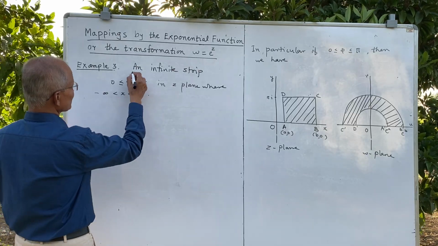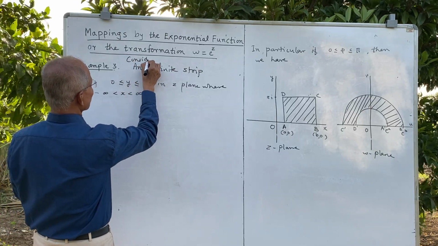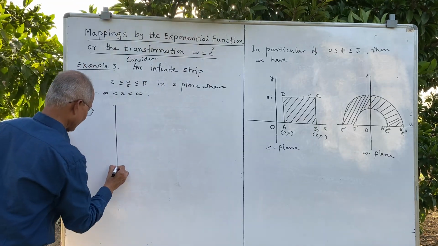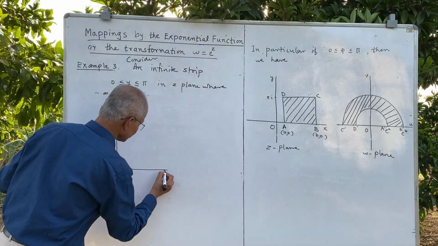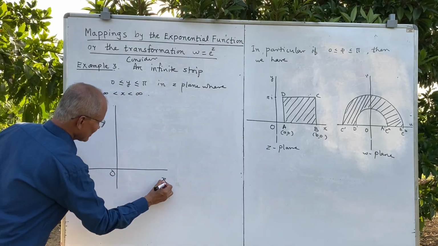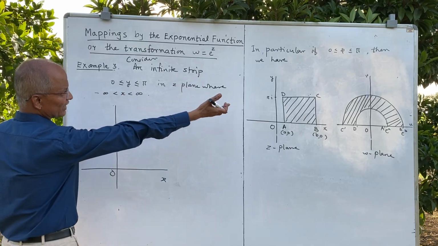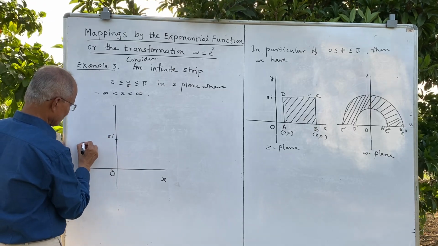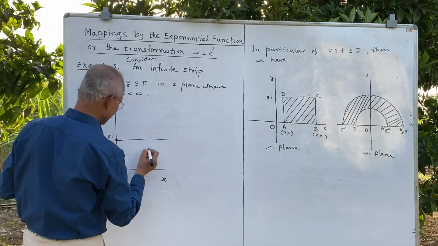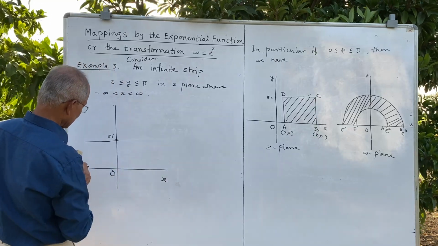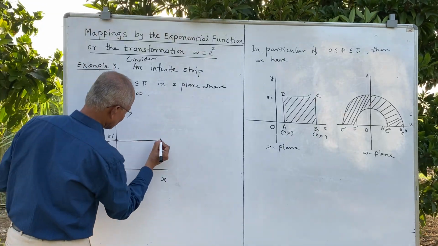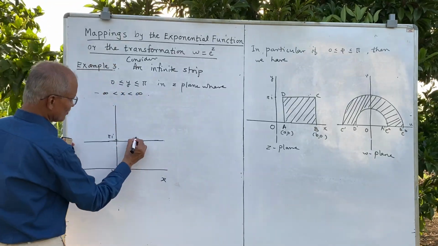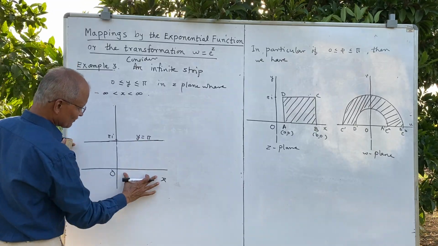We shall show this in a diagram. See, y is pi, as in this case also, and suppose this is pi i, and this will be the infinite strip. So this is y equal to pi, and this is y equal to 0.